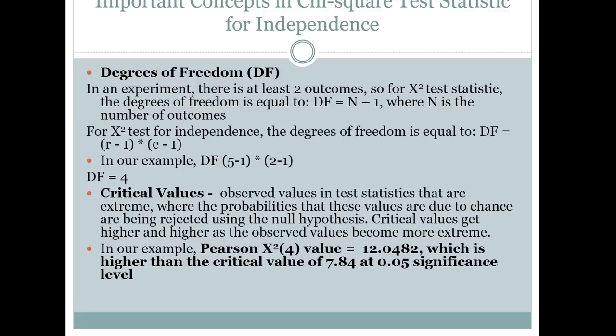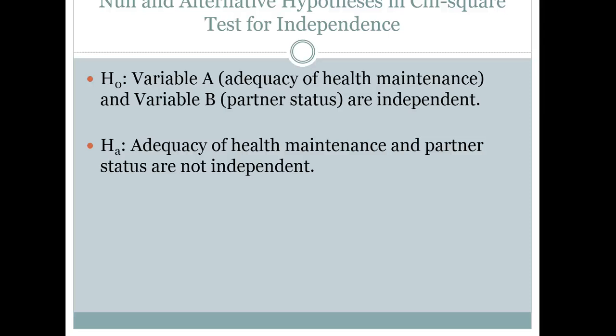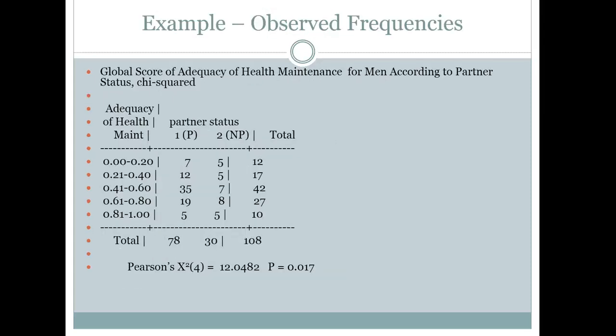So in our example, let me go back again. Remember that for our adequacy of health maintenance, we have 5 quartiles. So we count, it's basically 1, 2, 3, 4, 5.